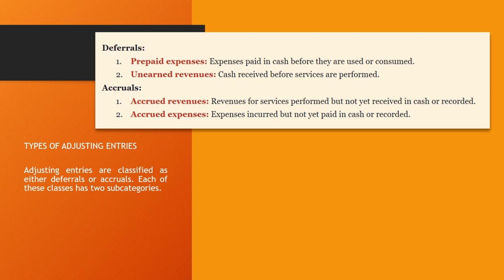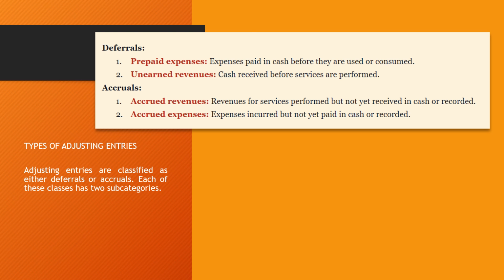And then you've got accrued revenues, which are revenues for services performed but not yet received. So we performed the service, but we haven't got the cash yet. That's accrued revenues. And then we've got accrued expenses, which are incurred but not yet paid, right?